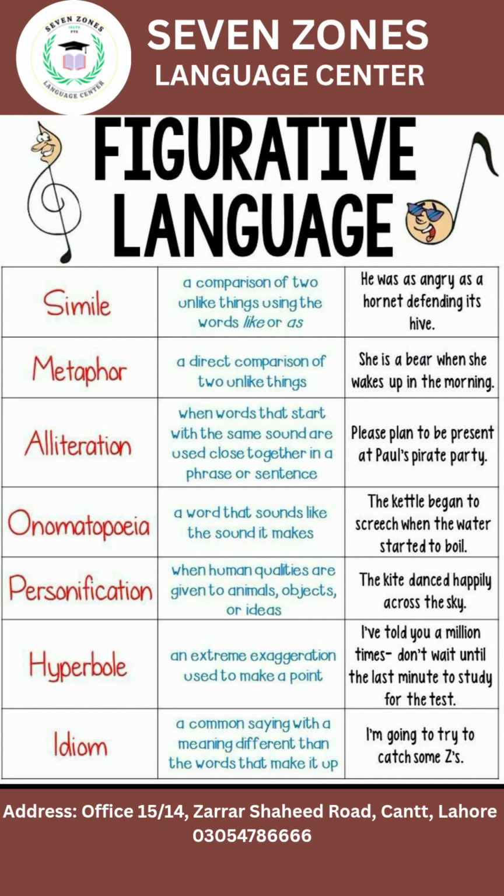For example, it's written here, he was as angry as a hornet defending its hive. So they're comparing the anger of a person with the hornet to show the intensity of his anger. Similes are used to show the intensity of something.